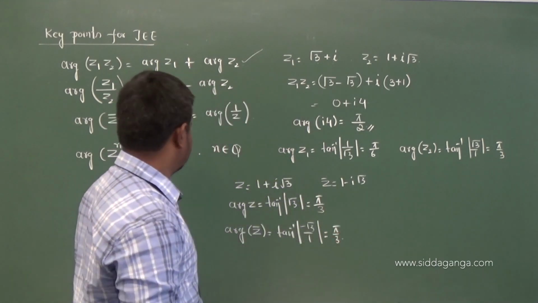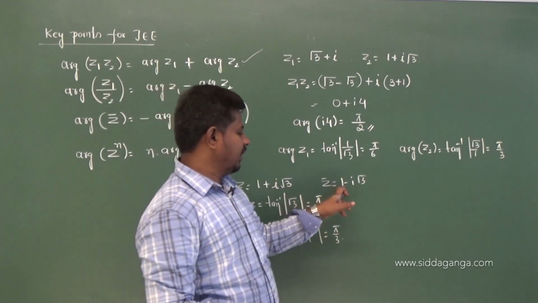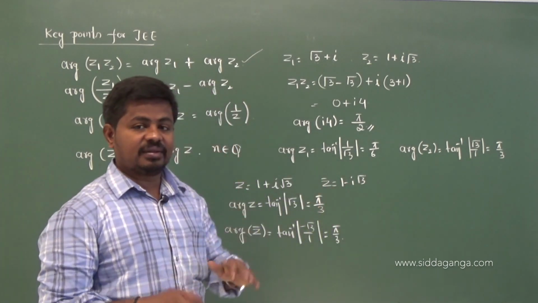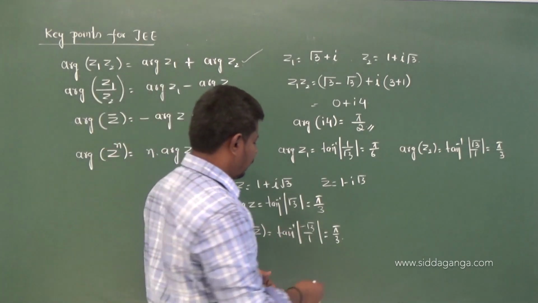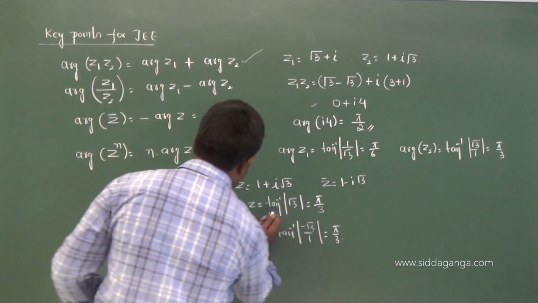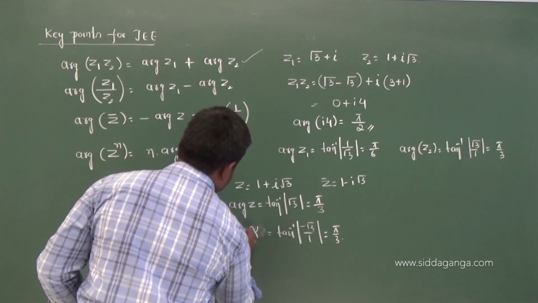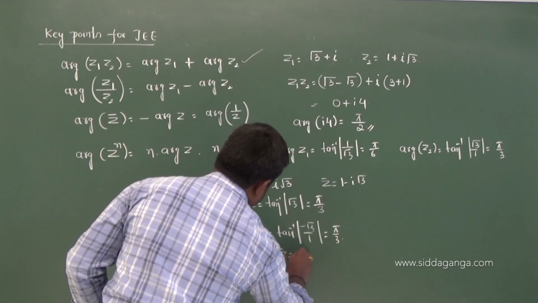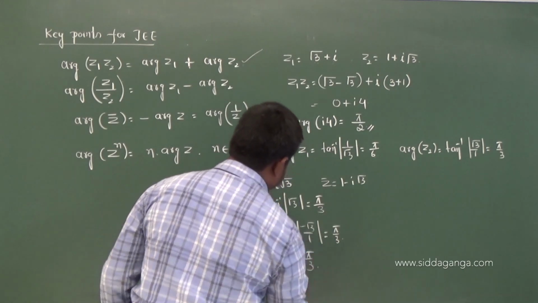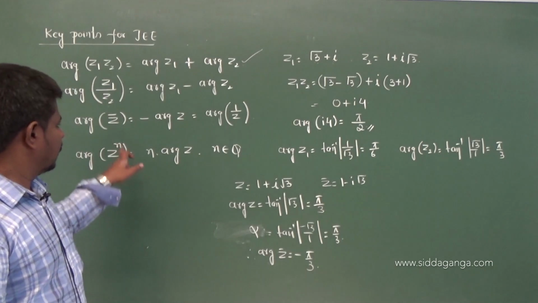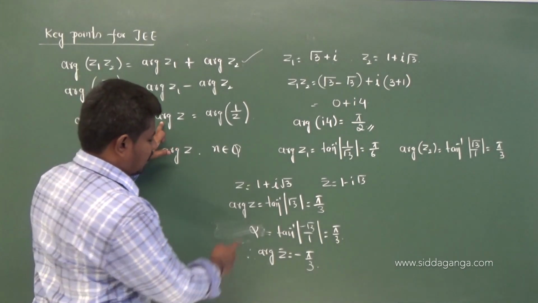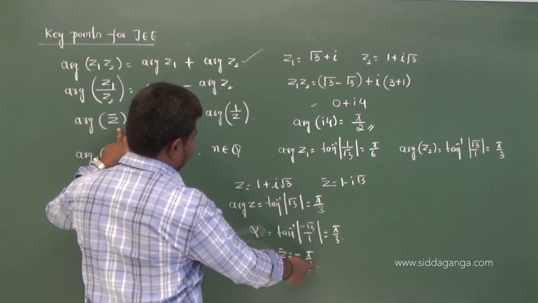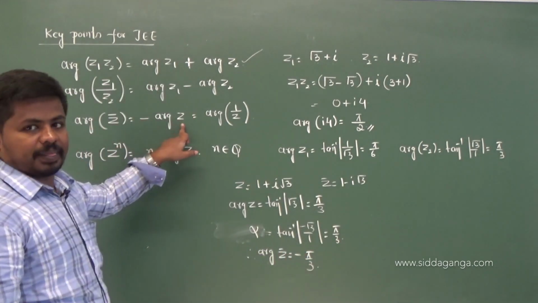But observe here, students, the x coordinate is positive and the y coordinate is negative. It is in the fourth quadrant. Therefore, the argument of z bar becomes minus pi by 3. See, the argument of z is pi by 3, then the argument of z bar is minus pi by 3. That is what I wrote, minus of the argument of z.